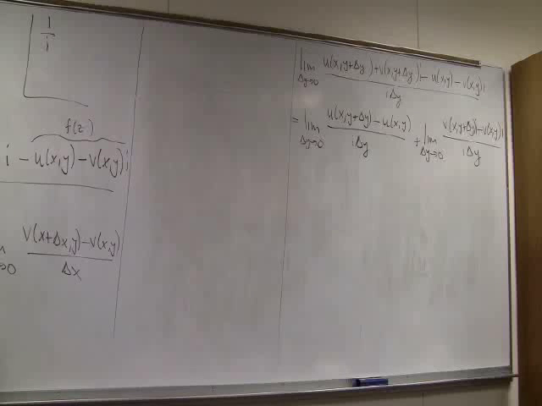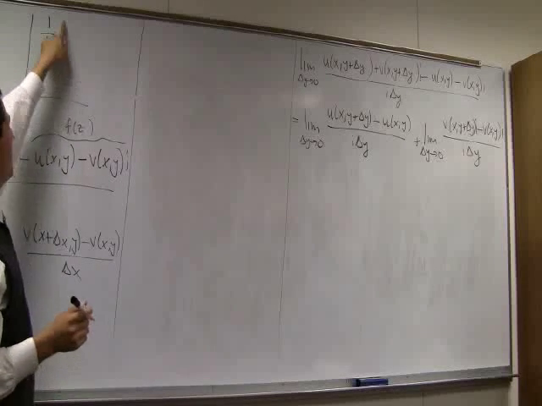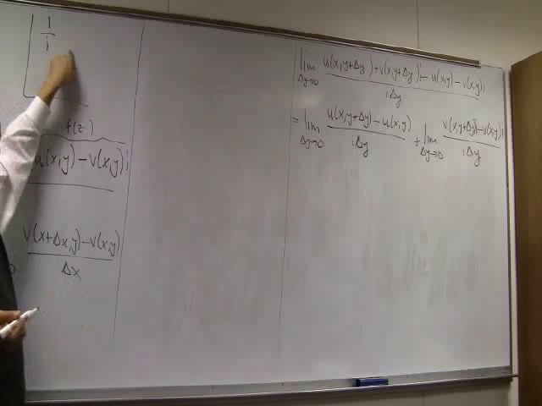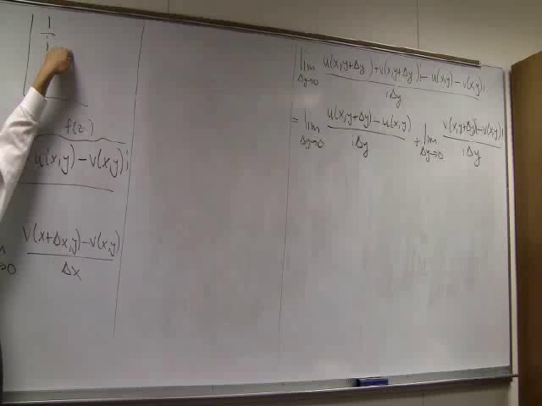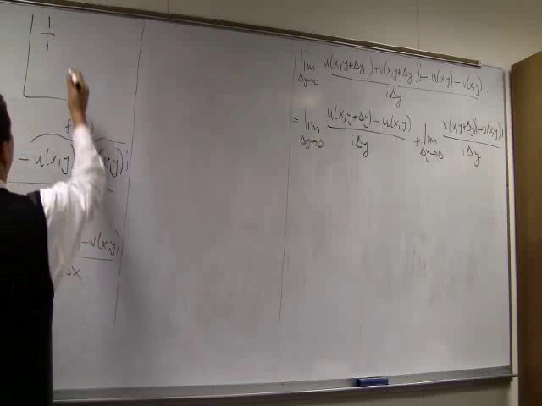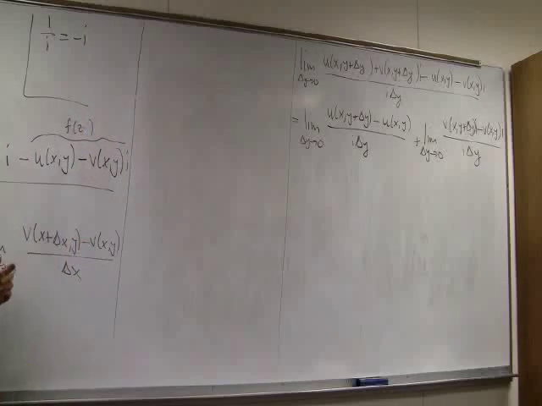And i cubed is i squared times i. Or you could just say, multiply top and bottom by i, and you get i over i squared. But i squared is minus 1, so i over minus 1 is minus i. In any case, it's minus i.